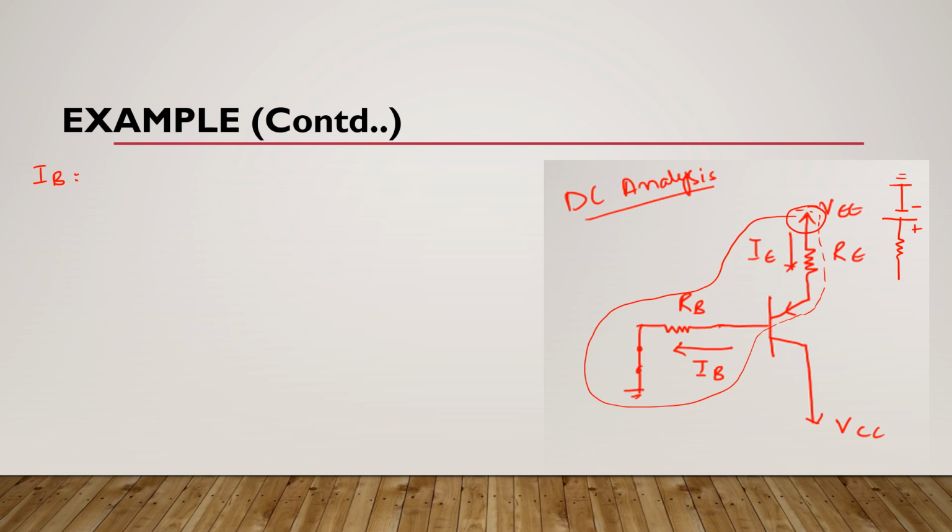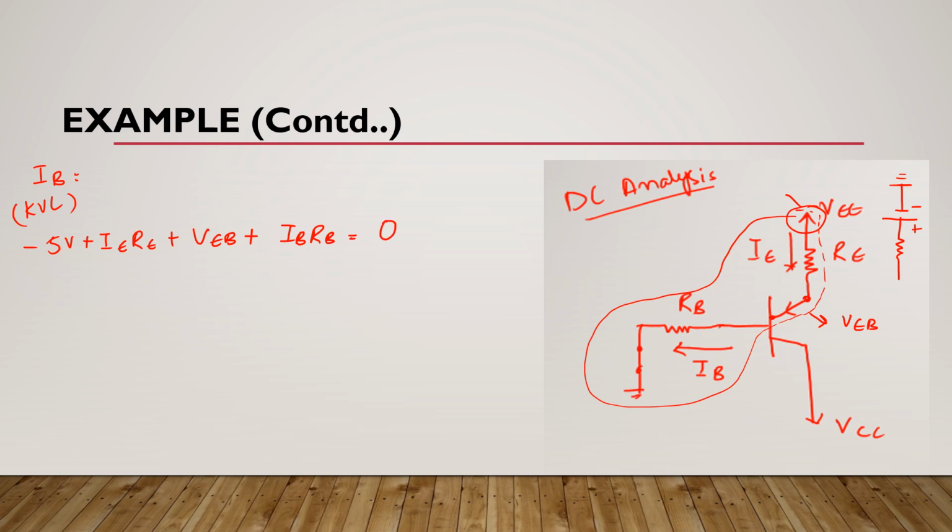And if we start from this point, our KVL equation will be minus 5 volts plus IE RE plus, we know that in this region we have voltage drop VEB, so we will write plus VEB and plus IB RB is equal to 0.